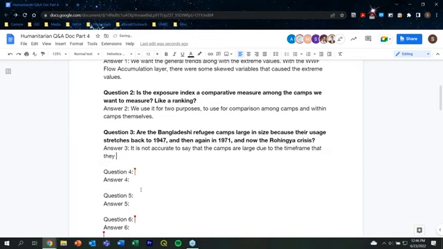The larger camp, the one they call the mega camp, which consists of many smaller camps, Kutupalong, is large because of the very large number of people moving from Myanmar to Bangladesh in 2017 to 2018. So I would say it's primarily because of that most recent movement of people.